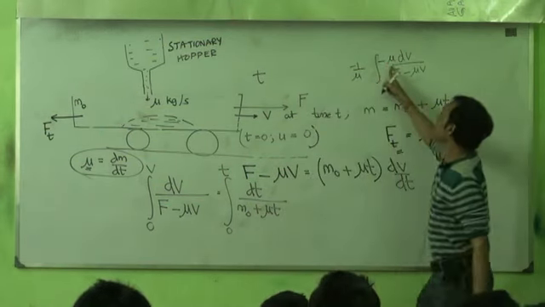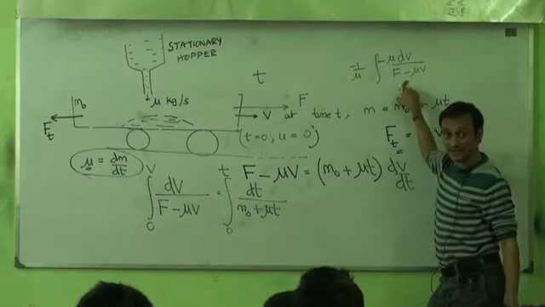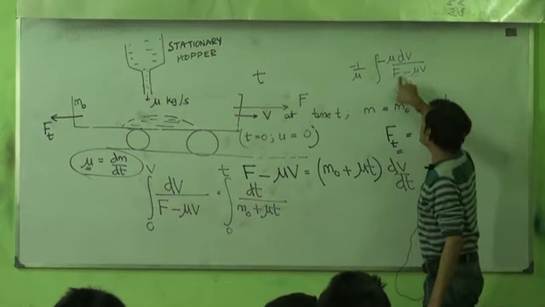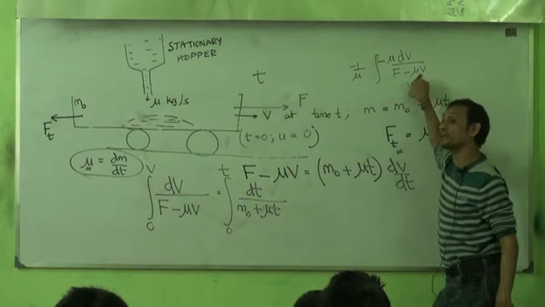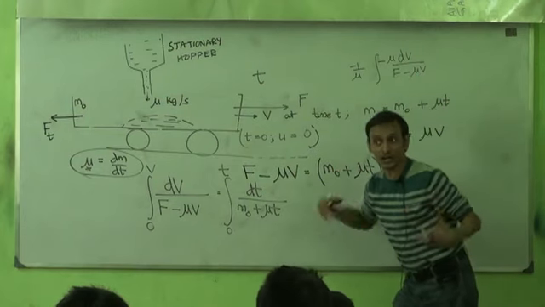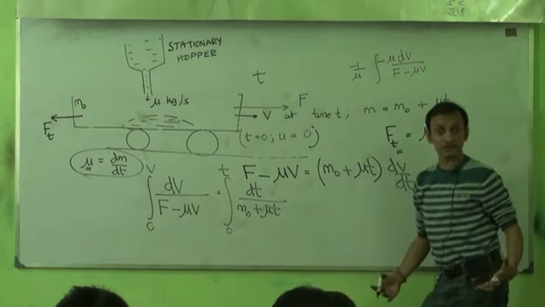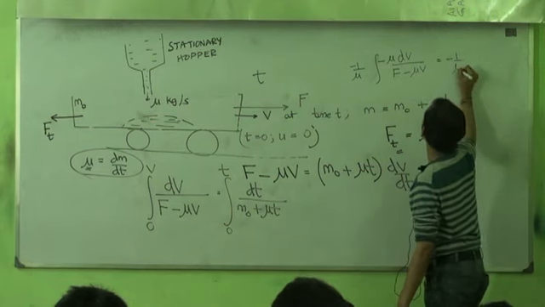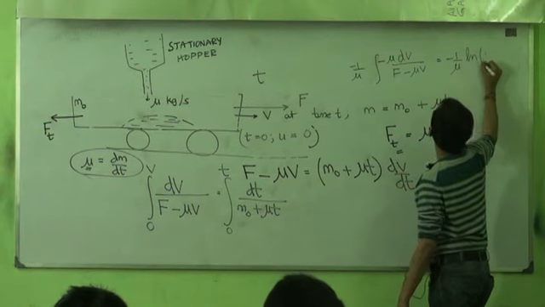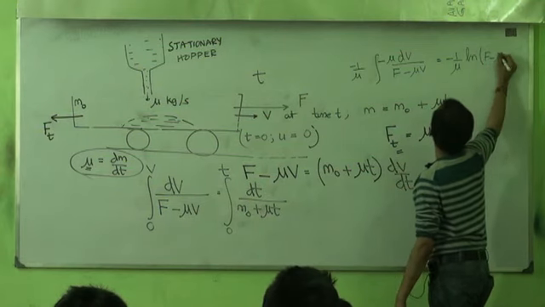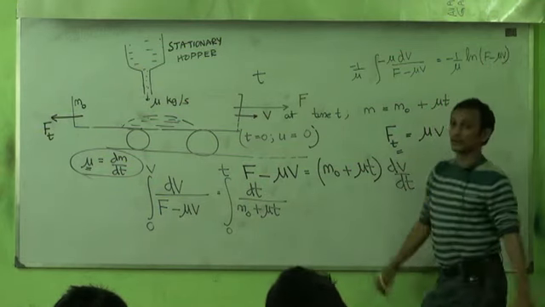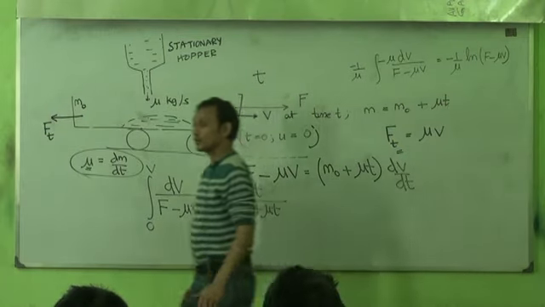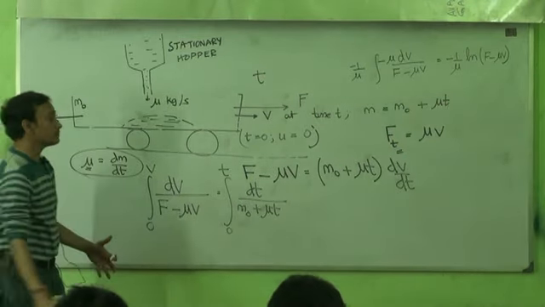And if the numerator is the derivative of the denominator, the integral is the logarithm of the denominator. So this is minus 1 by mu log of F minus mu v. That's the left hand side.